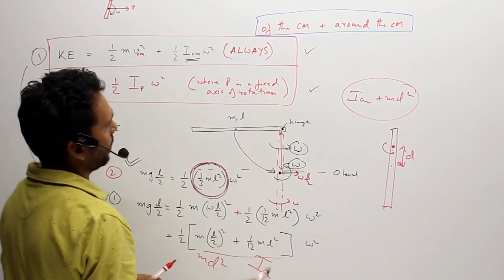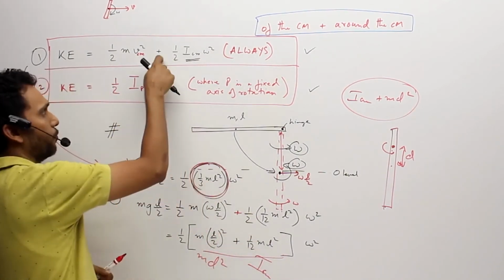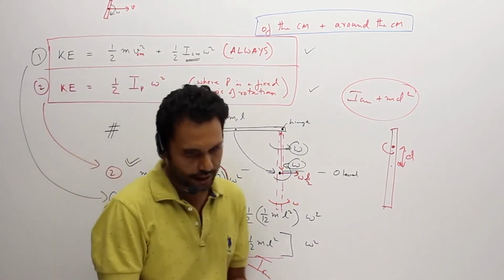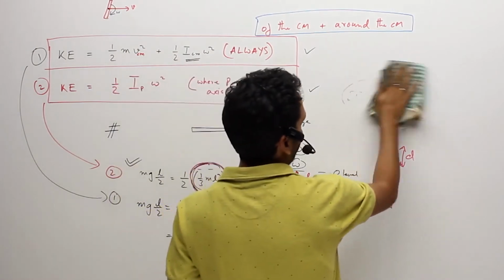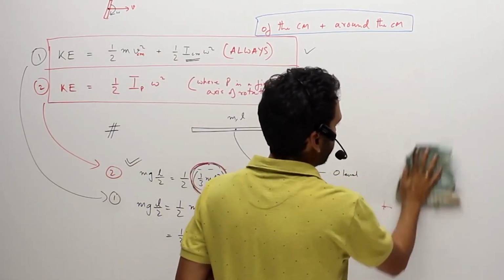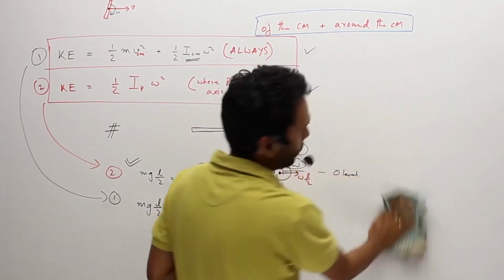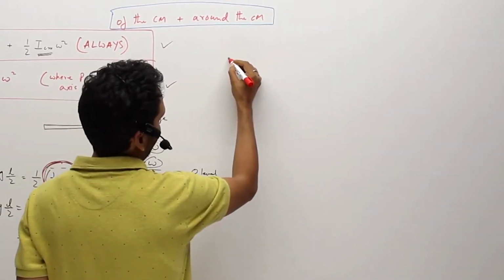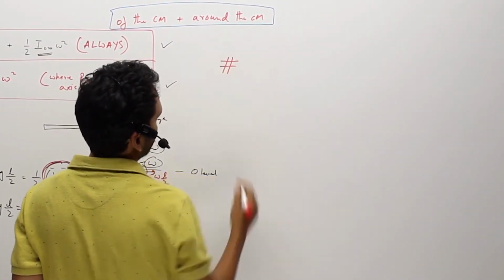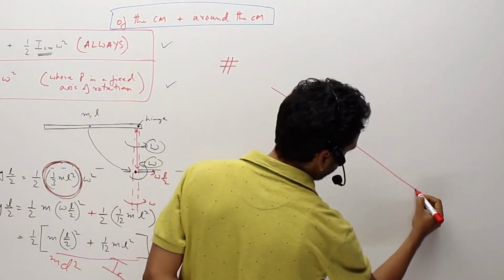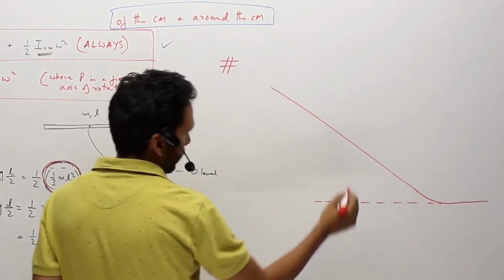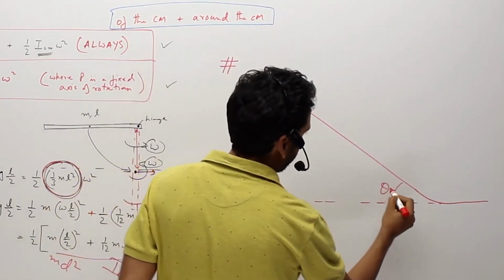So let me put another example where you can't apply this and you have to apply this. That's again a very simple example, and fortunately such simple questions do come. The one I am going to give is what has come in JEE earlier. They are just testing whether you know the formula correctly and the application correctly. So that's an inclined plane, inclination theta.